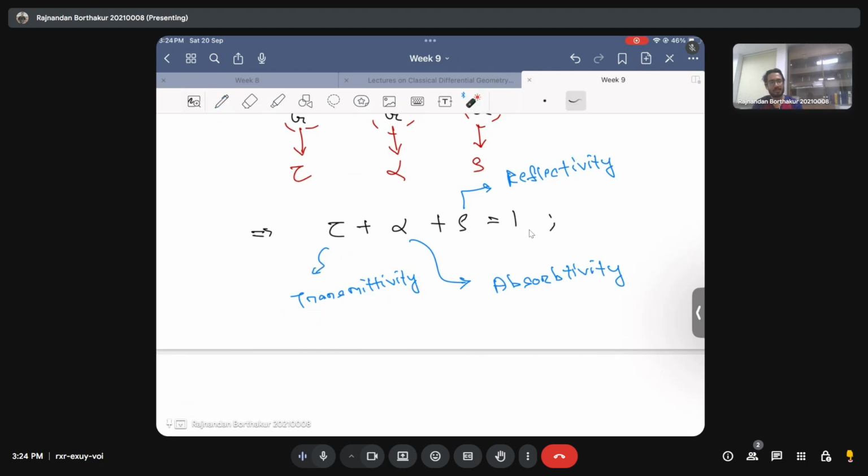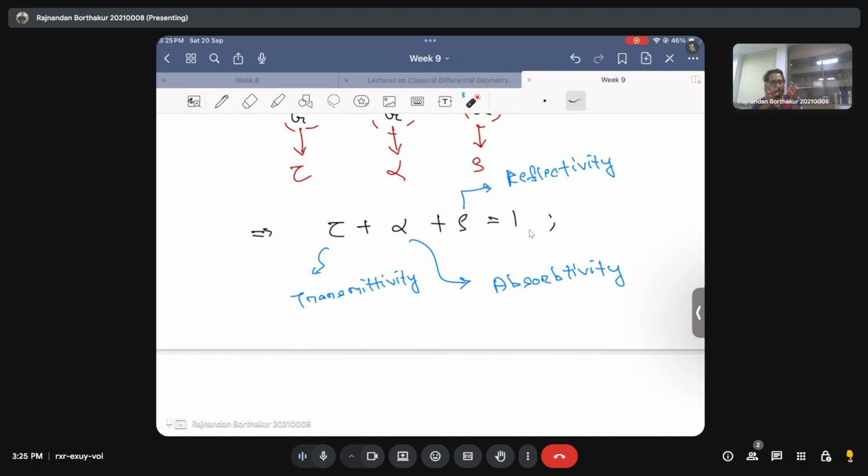Transmittivity is the fraction of irradiation that gets transmitted with respect to the incident radiation falling on the surface. Similarly, absorptivity is the fraction of irradiation that gets absorbed within the body, and reflectivity is the fraction of irradiation that gets reflected from the body.